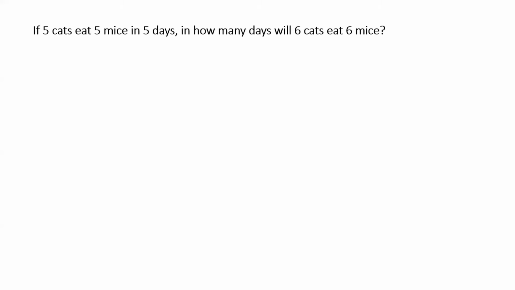So this question is, of course, answered with an assumption, and that fundamental assumption is that the consumption rate of each cat per mouse is the same. So each cat and each mouse is identical, and the consumption rate is also identical.